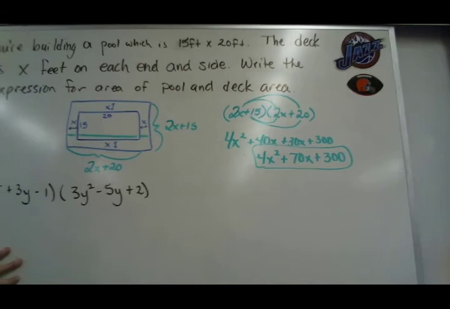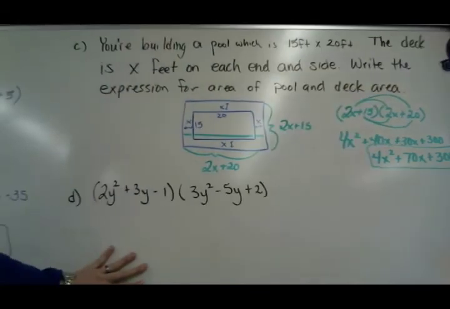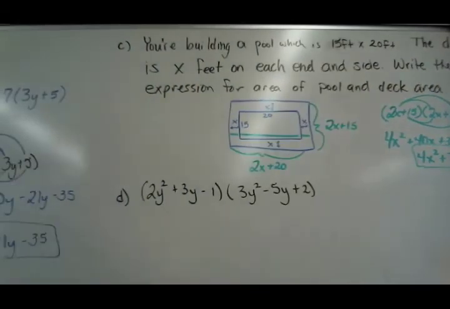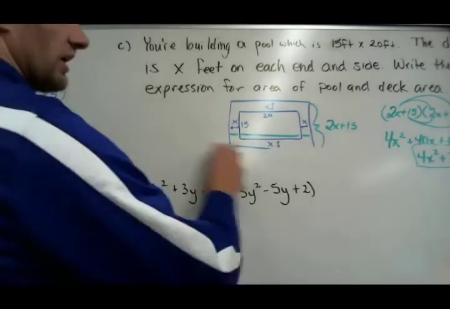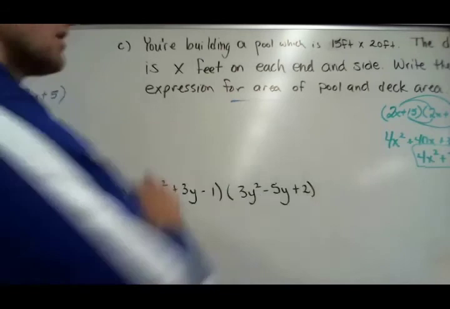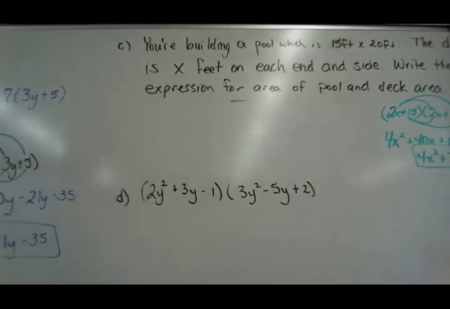Now the final example for this topic is this one here, and this is multiplying two polynomials. In this case they are two trinomials. For the trinomials, we're going to use the same FOIL idea, but it's not necessarily going to be called FOIL. We're going to use the distributive property.